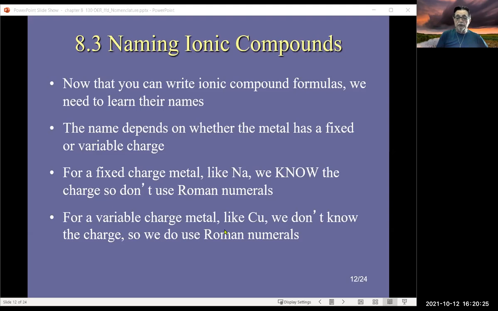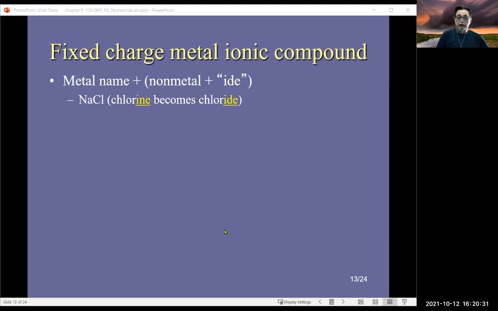Like copper. Copper can be copper 1 or copper 2, depending on how many electrons it has lost. This one here is pretty self-explanatory. I just explained how the anion changes its name. So chlorine, the ion, becomes chloride in sodium chloride.